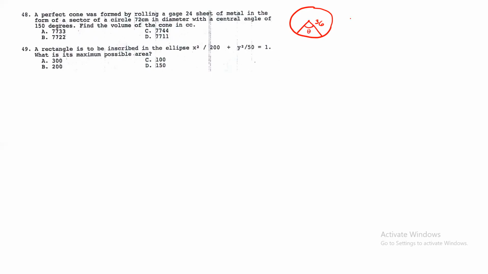So theta natin dito is 150 degrees. Kapag bubuin natin yan, ito yung mabubuo nating sector: 36, then theta is 150 degrees. Syempre pag niroll natin to, makakabuo siya ng isang perfect cone.